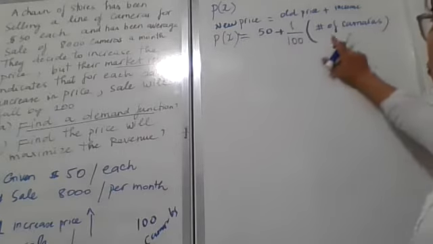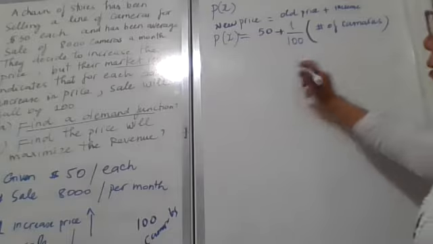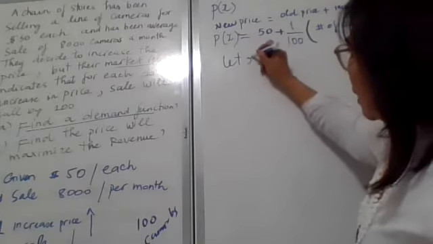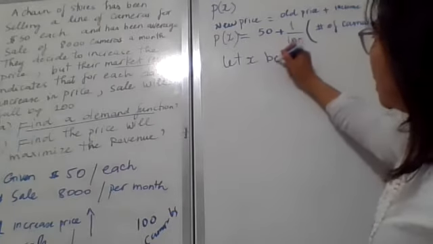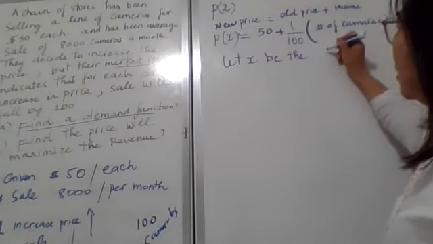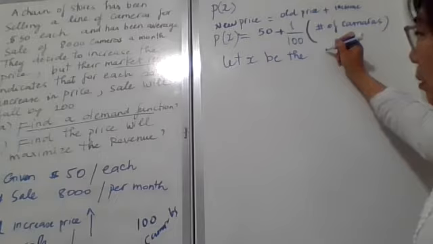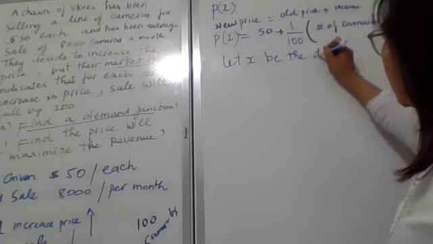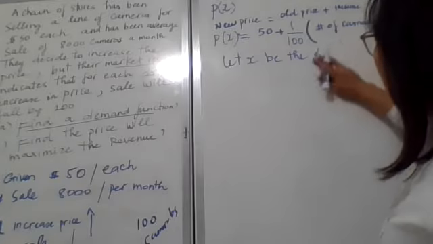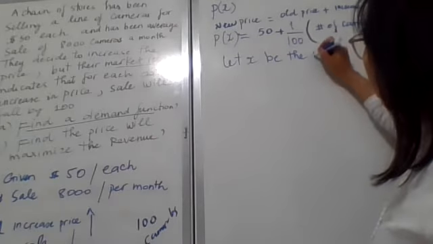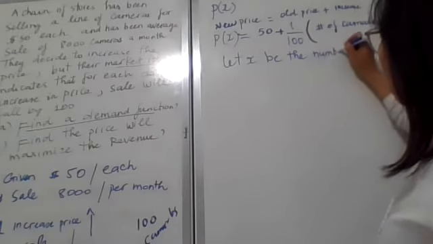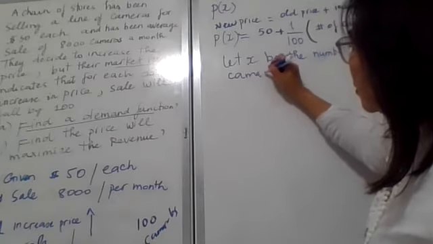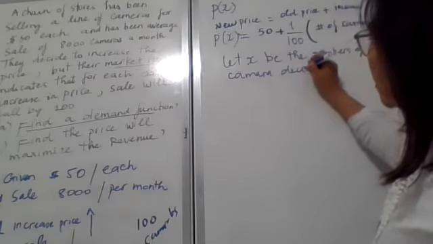So we don't know what's inside here, but we can make a decision: let x be the number of cameras decreasing.